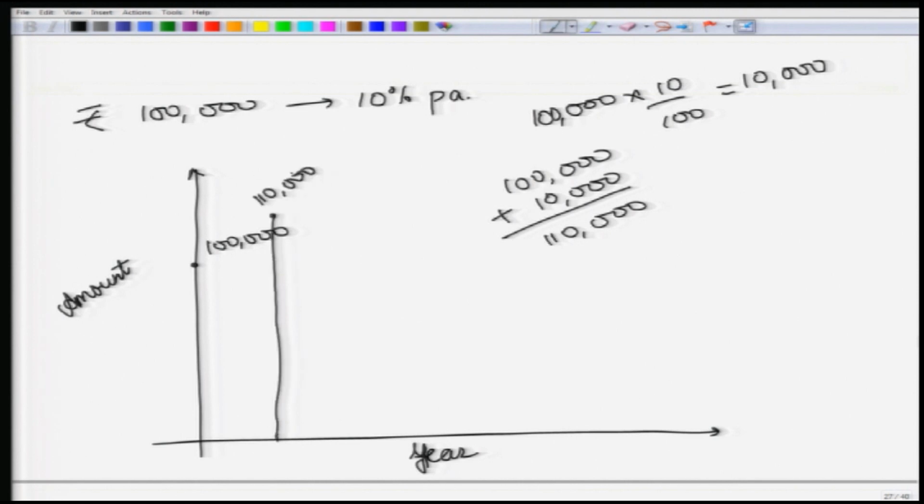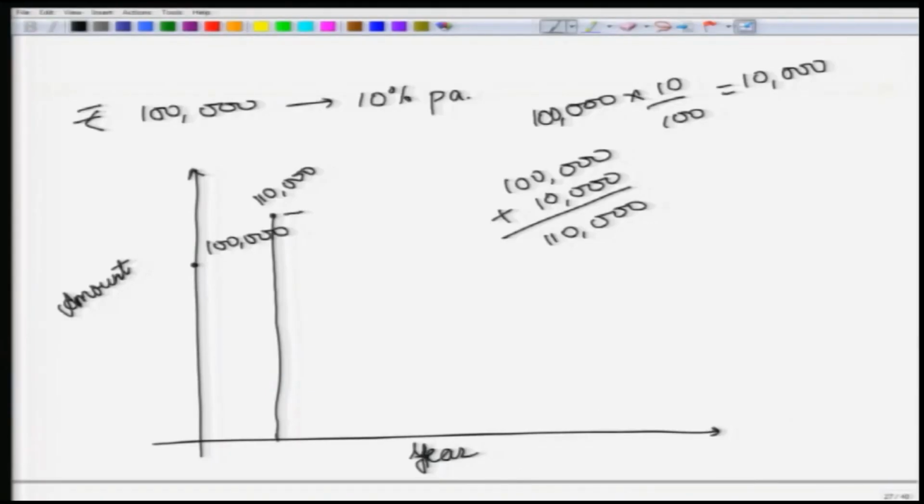Now, similarly, if you have a forest that suppose currently has a total growing stock of say 100,000 cubic meters, and it is having an increment of 10%, then we will say that at the end of 1 year, we have a volume of 110,000. So, it is one and the same thing.